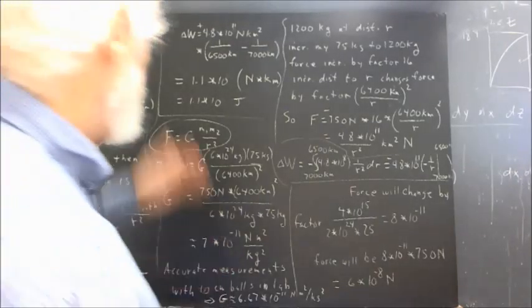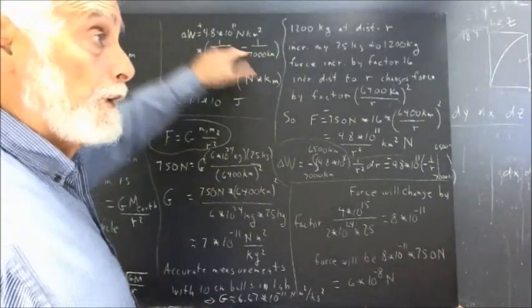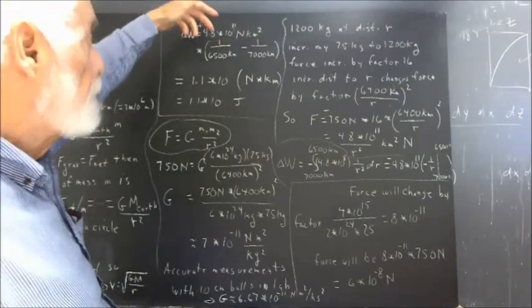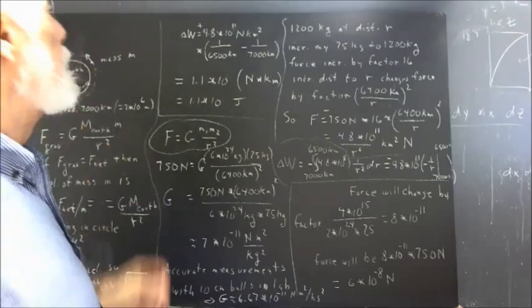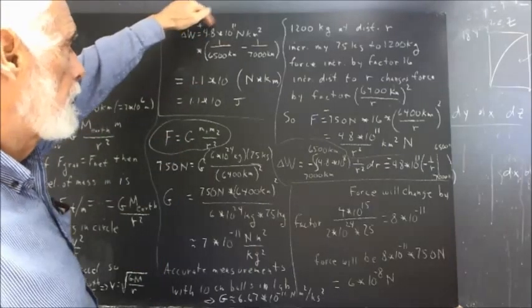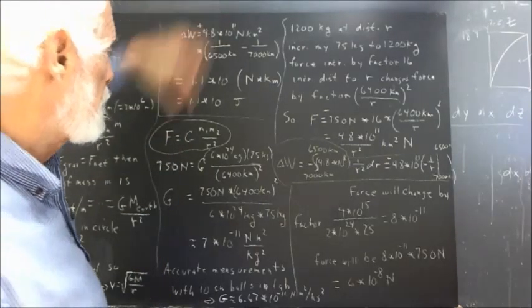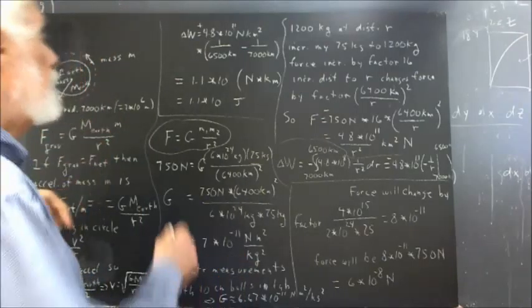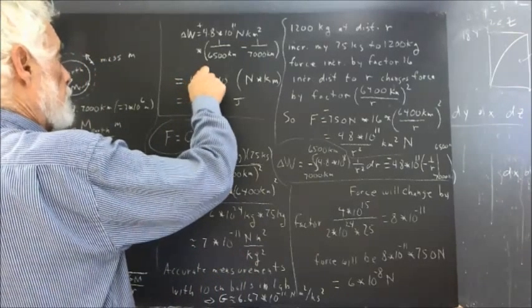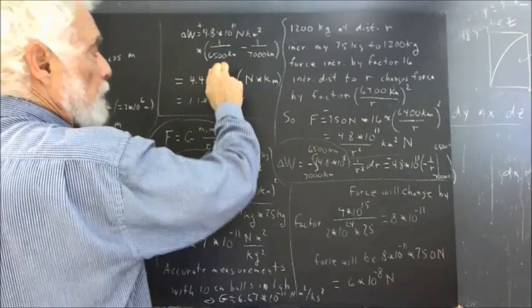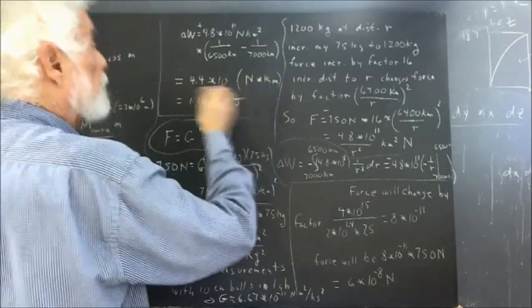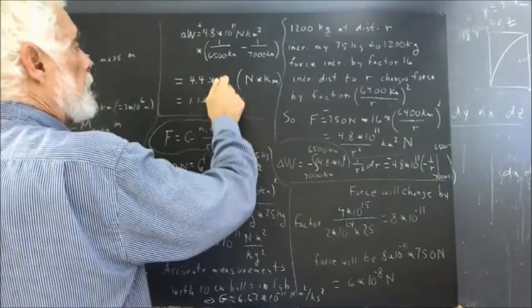okay, I have a couple of mistakes here. I estimated this pretty correctly as about 1.1 times 10 to the negative 5th. But then I didn't multiply that by my 4.8 times 10 to the 8th or whatever. This should then be something like 4.4 instead of 1.1. This is about 1.1 times 10 to the negative 5th reciprocal kilometers.